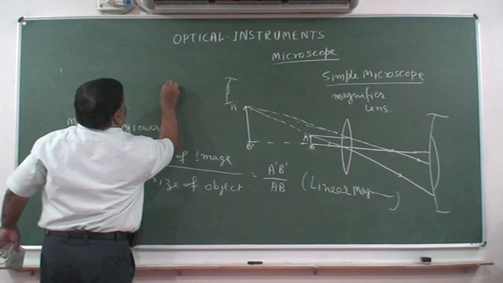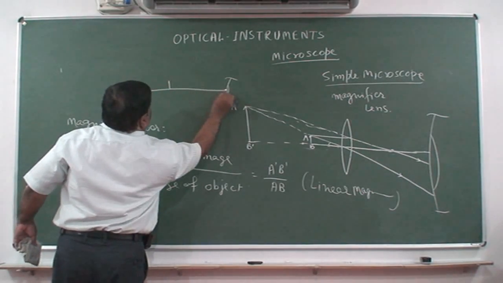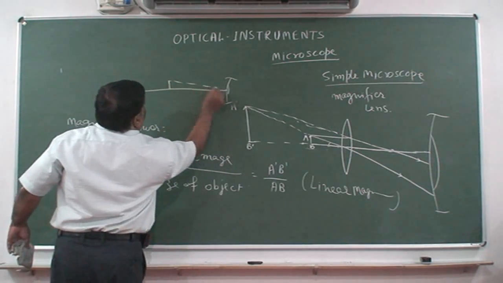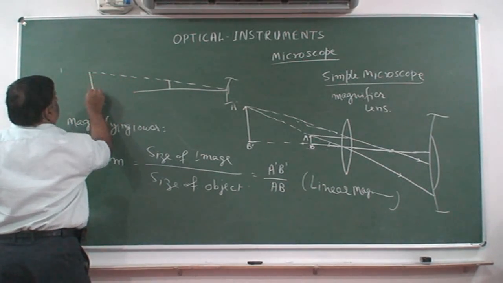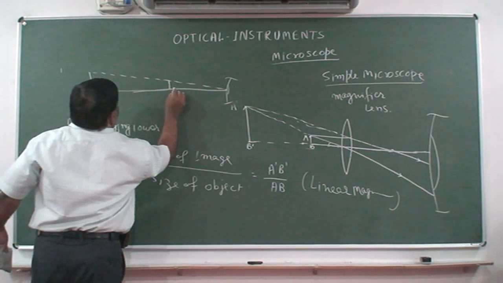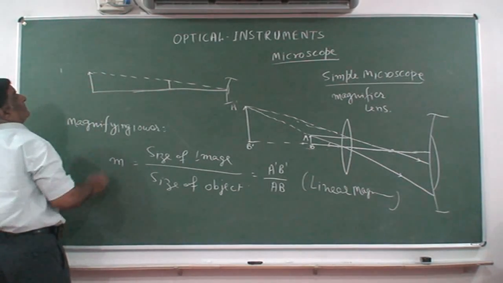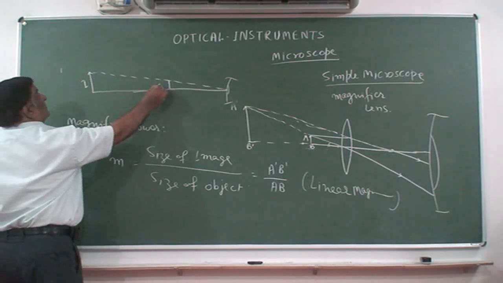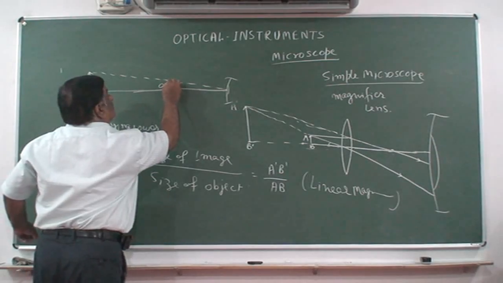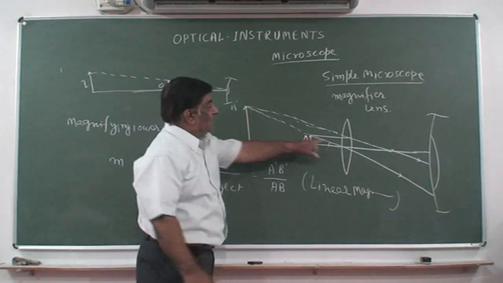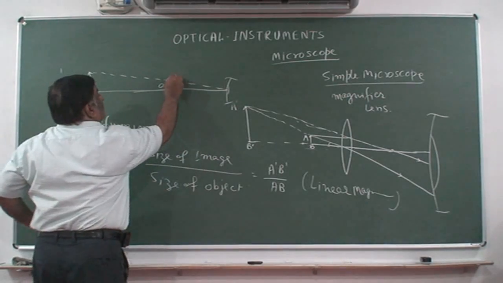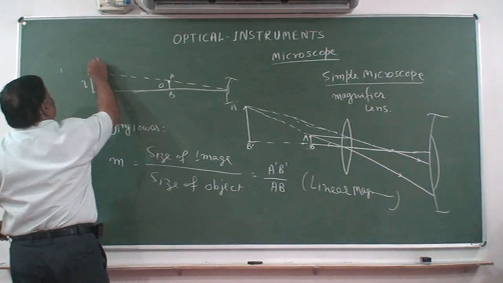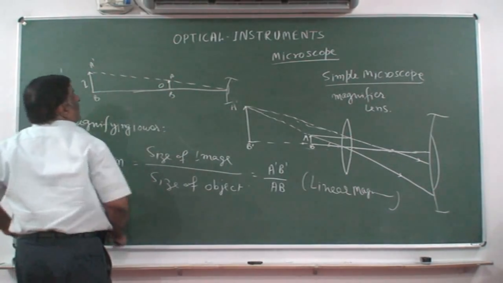Let us say here is the object, and when we put a lens, we see an image here. Image, object. Now the object is making like this. This is object AB, and this is image A dash B dash.